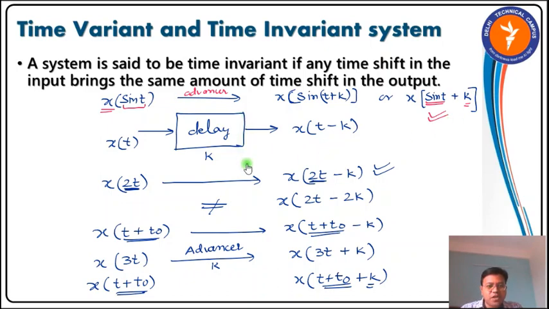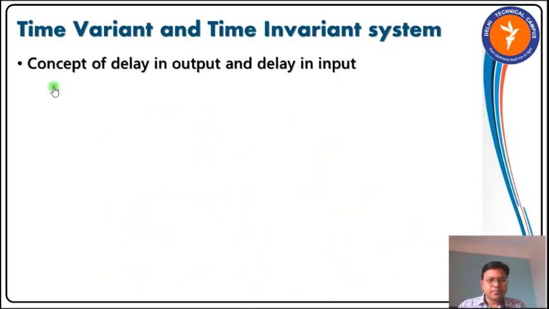Now when we have sufficient knowledge of delay and advancer, let us rediscuss the time variant and time invariant system. Let us now discuss the concept of delay in output and delay in input. Delay in output. So we have a signal x of t which is fed into a system.